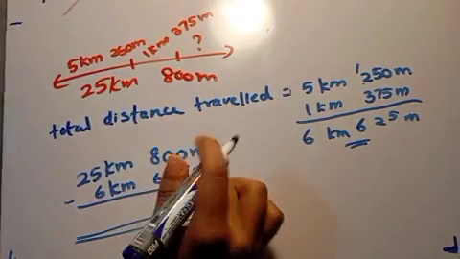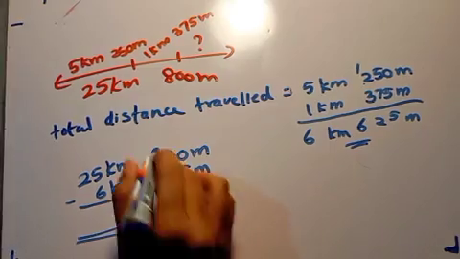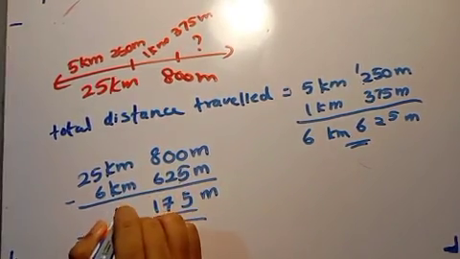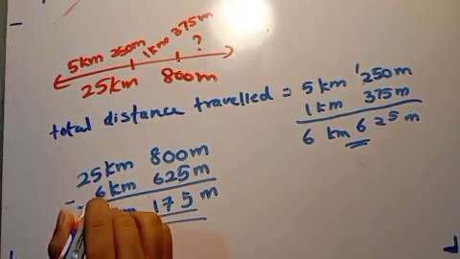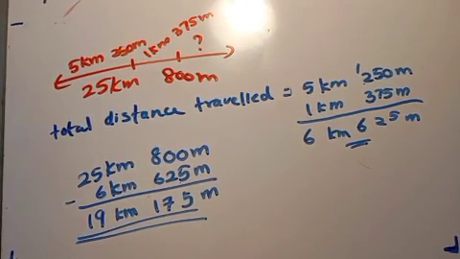So you have to subtract this. 10 take away 5 is 5, 9 take away 2 is 7, 7 take away 6 is 1. Here the kilometers, 15 take away 6 is 9, here 1. So 19 kilometers and 175 meters left to be traveled.